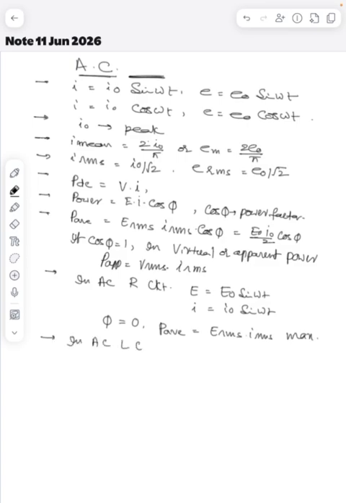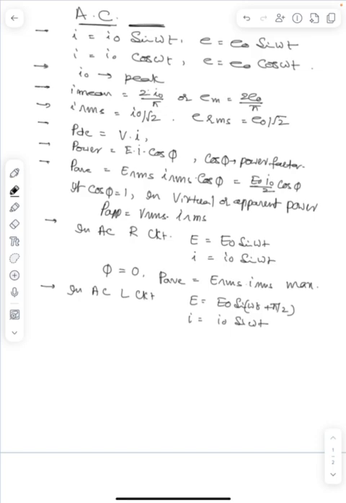In an AC L circuit, E equal to E naught sin omega t plus pi by 2 and I equal to I naught sin omega t. Voltage leads current by 90 degrees. Here power loss equal to 0.